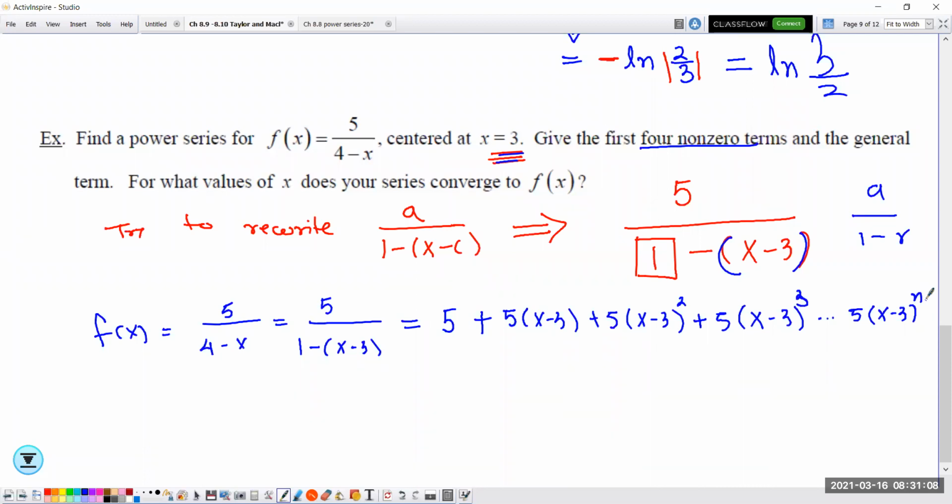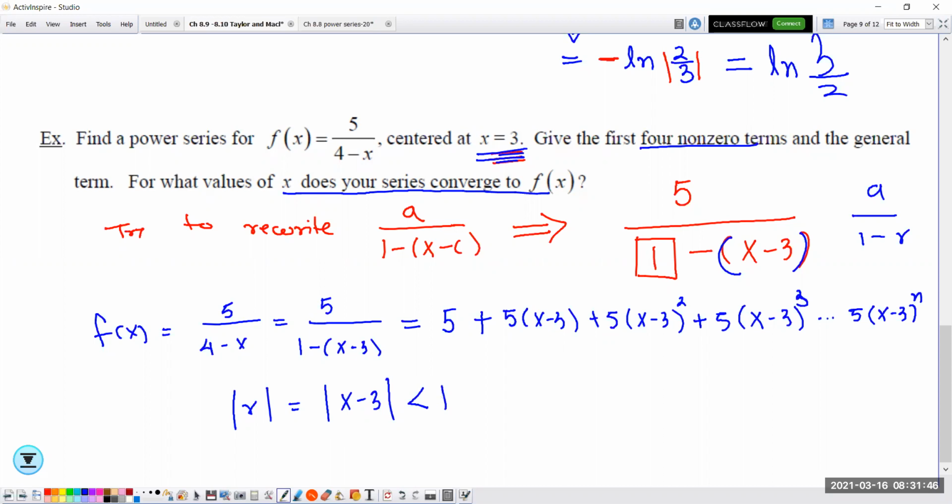Without doing so much work, if you understand that this is a horizontal transformation, 3 units to the right, so you have to get the center. This is your x minus 3. Okay, so the question is, what's the interval of convergence? This is where a multiple choice question would be. For the interval of convergence, my absolute value of r is absolute value of x minus 3, which has to be less than 1.